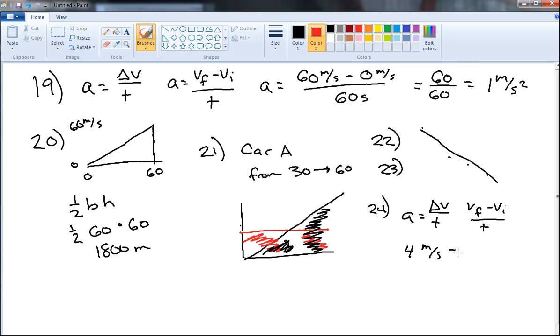And the initial speed was 24 meters per second. And the total time elapsed was 4 seconds. 4 minus 24 is going to be negative 20 meters per second over 4 seconds. This is going to be equal to negative 5 meters per second squared. And that should have been your final answer.